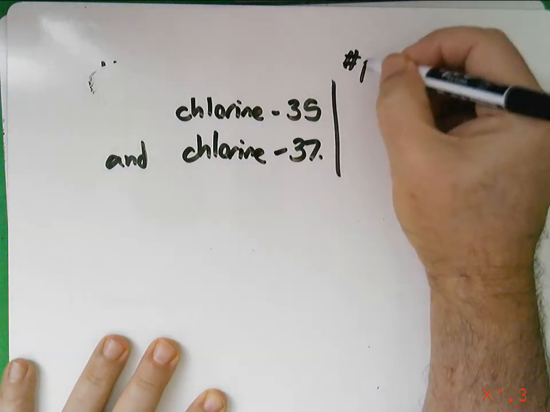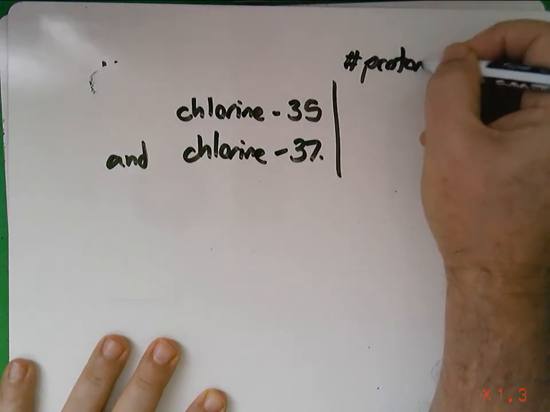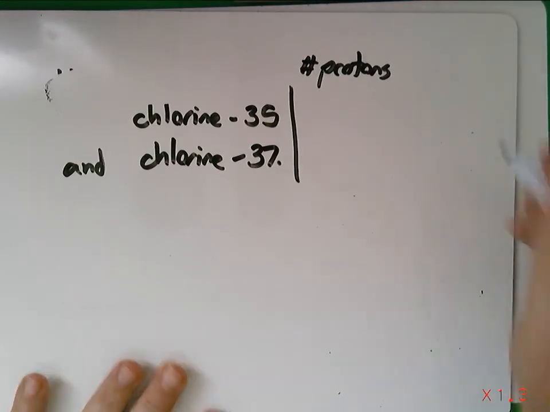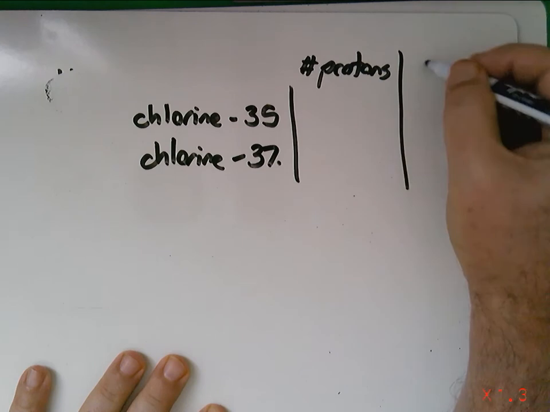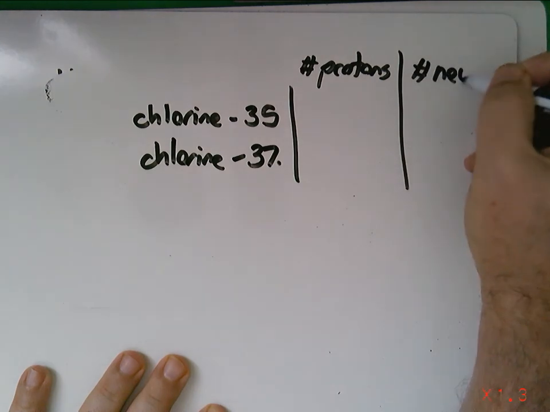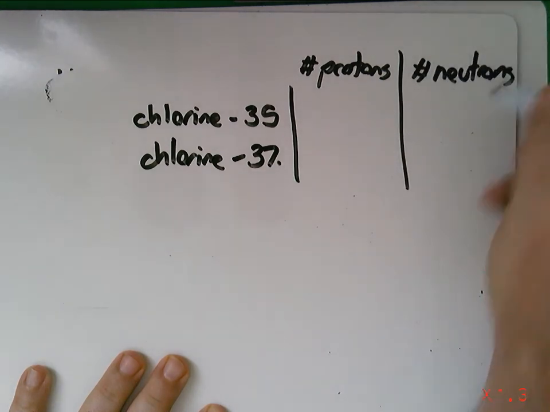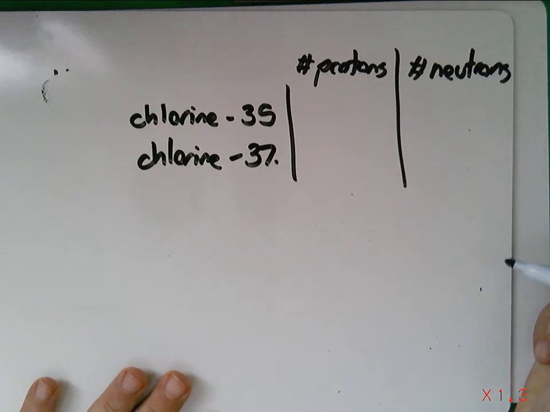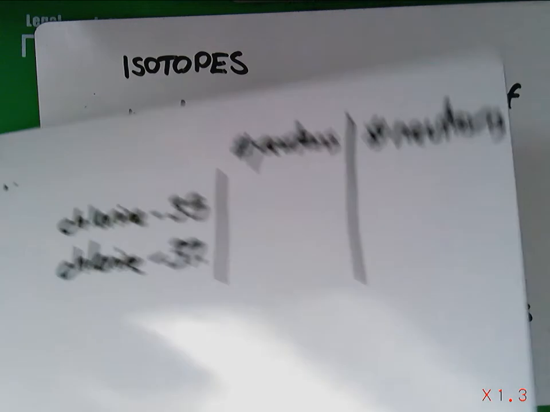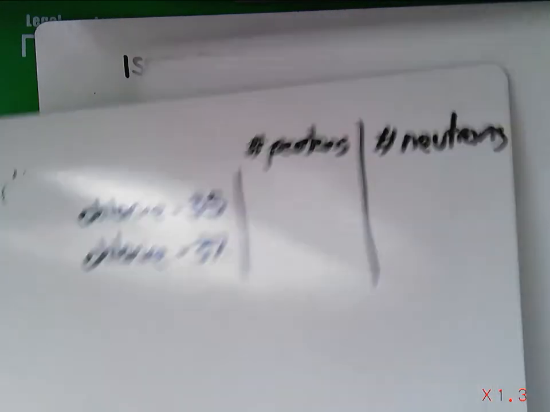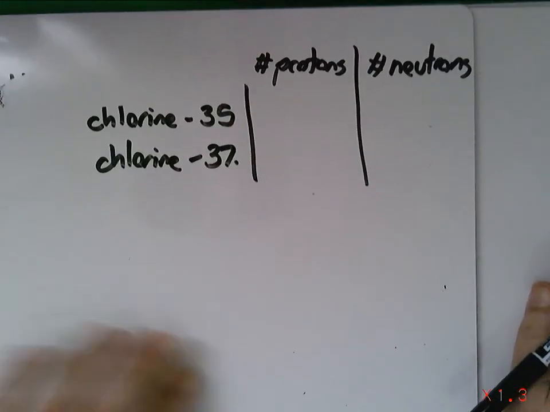Number of protons, number of neutrons, and I could put number of electrons in there too, I guess. Let's do it like this since I'm running out of space here.